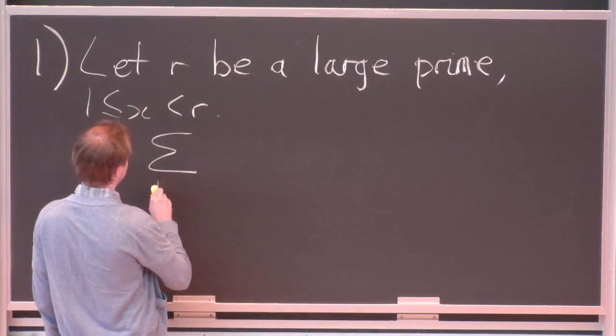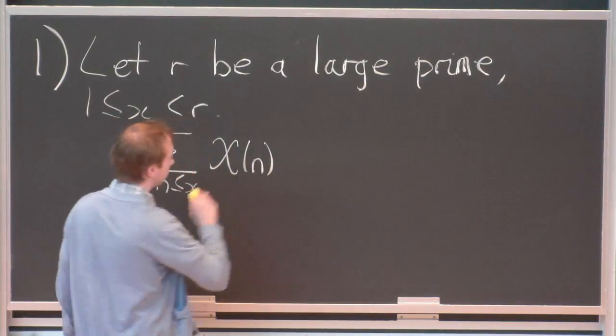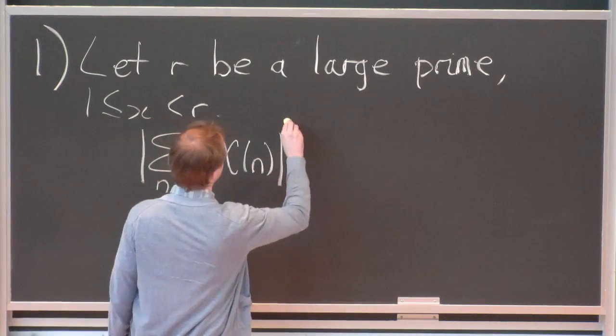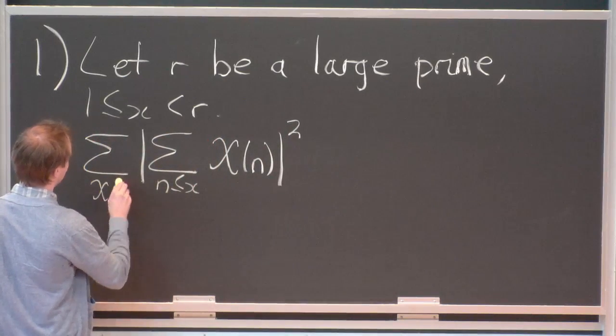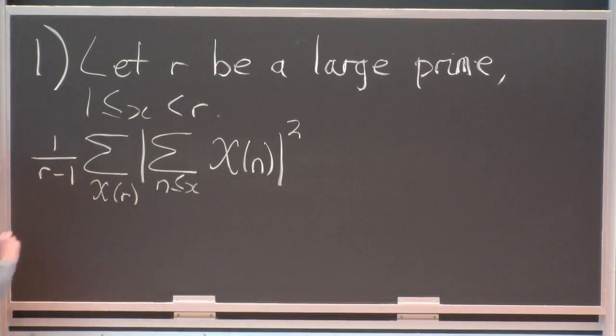And then I want to look at the sum of a Dirichlet character chi over all n less than x, and I'll square this and average on the character. So sum over all the characters chi mod R, and R is prime, so there are R minus 1 of those. And I'd like to know how big this is.